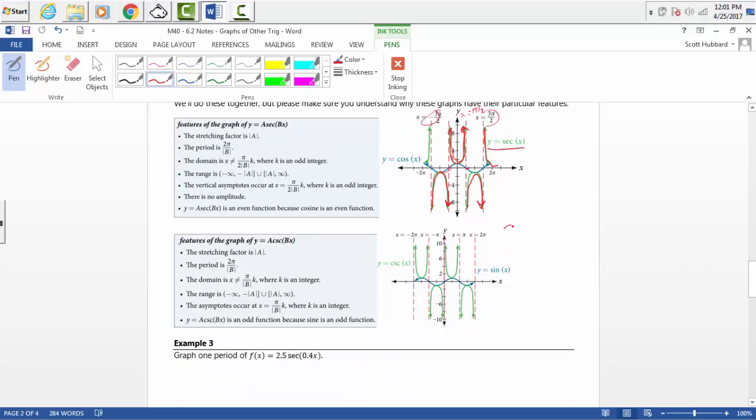And it's the same thing with cosecant. Remember, cosecant is defined as 1 over sine x. And so that means that it's going to have a vertical asymptote whenever sine is 0. And sine is 0 at 0 and pi and 2 pi and 3 pi. So that's why these are the vertical asymptotes for cosecant, which is 1 over sine.